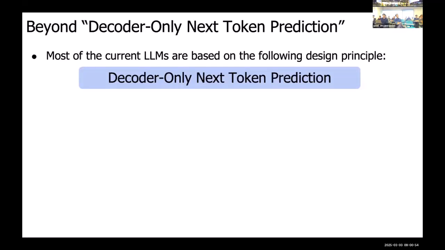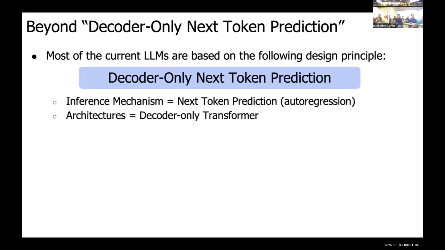I guess everyone knows that most of the current large language models are based on a single design principle. I summarize it as decoder-only next-token prediction. If I decompose it into two parts, there are two things common across all the successful language models out there.